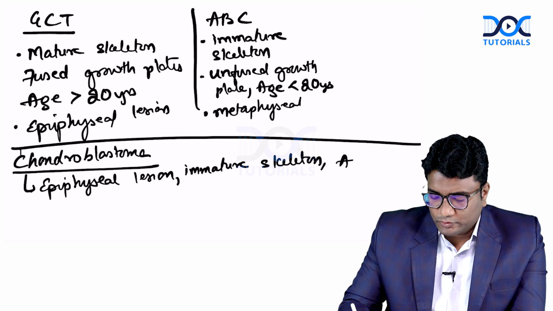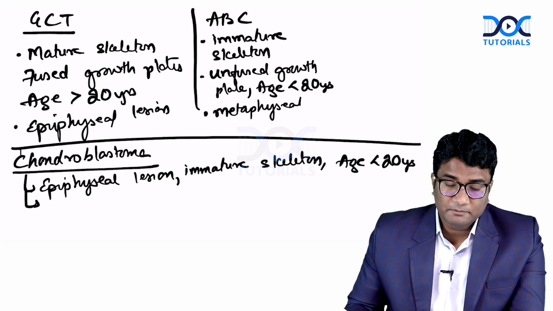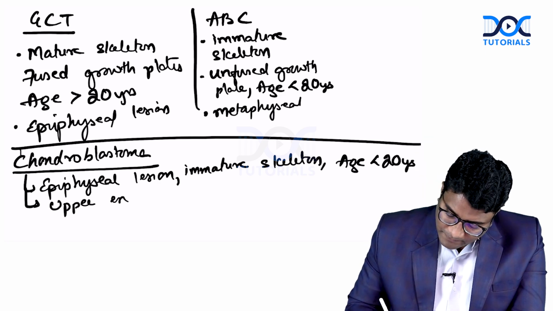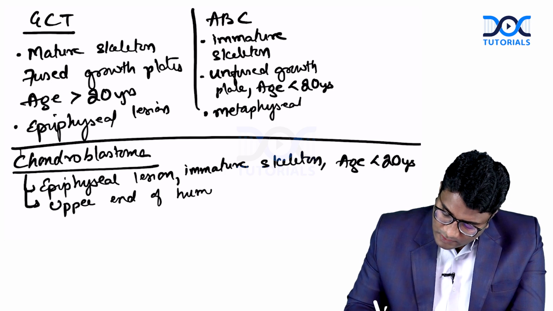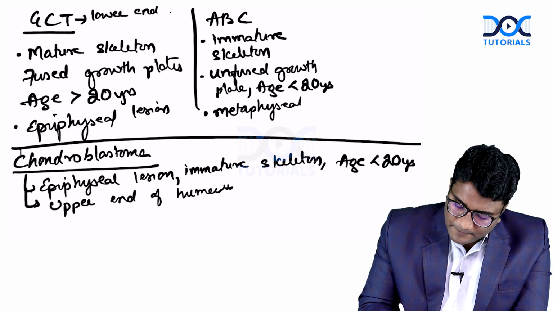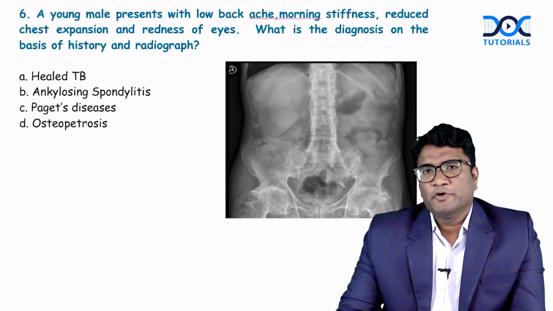So age will usually be less than 20 years. The most common site of chondroblastoma is the upper end of humerus, whereas the most common site of GCT is the lower end of femur. So remember these important differences. Moving on to the next one.